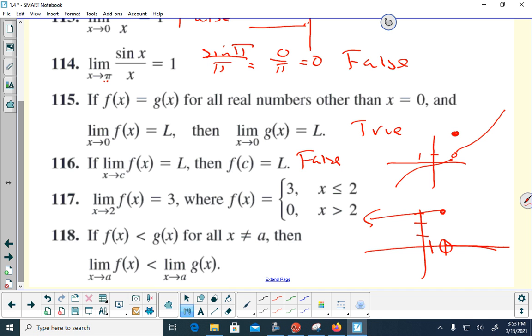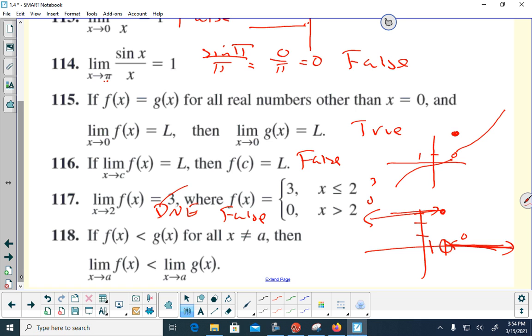So then it will go like this for the rest of it. So as I'm approaching 2 from the left, my function is equal to 3, and as I'm approaching 2 from the right, it's 0. Since they're not equal to the same number, that limit does not exist. So this whole statement is false.